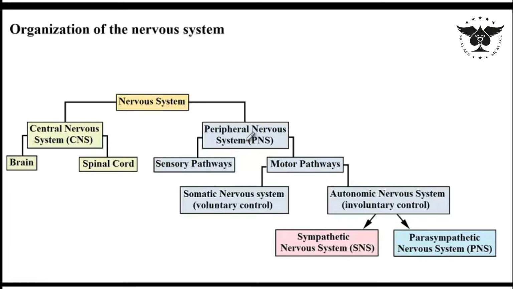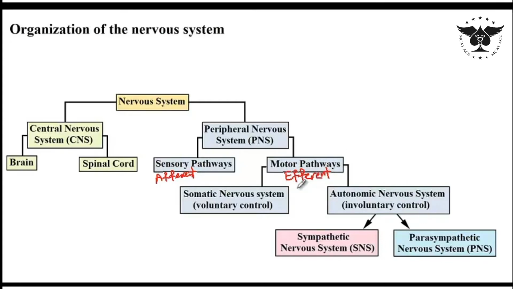The peripheral nervous system, on the other hand, is divided into the sensory and motor pathways. The other name for sensory pathway is afferent pathway or afferent neurons, while the other name for motor pathway is efferent or effector neurons.